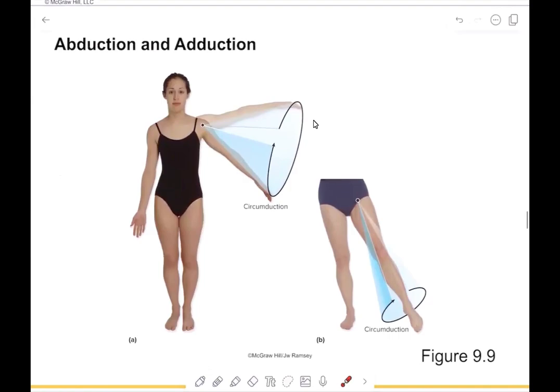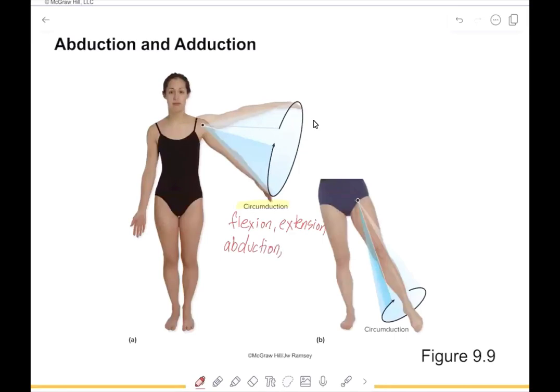Other examples of abduction and adduction, where there is extra movement, not just abduction and adduction, would be circumduction. Circumduction is basically the combination of several of the movements we've already talked about, like flexion, extension occurs, abduction, adduction occurs.